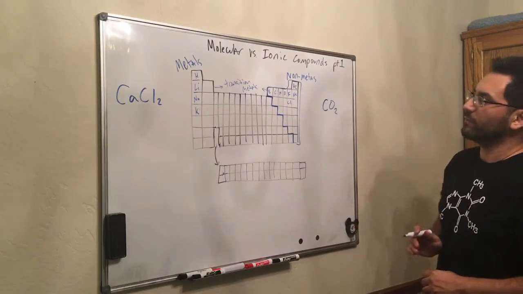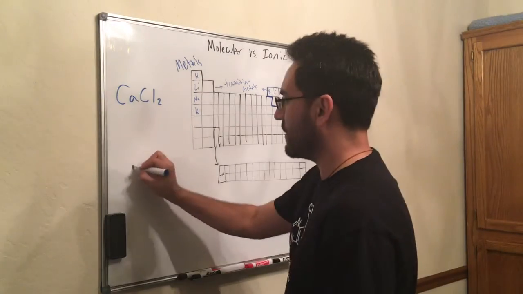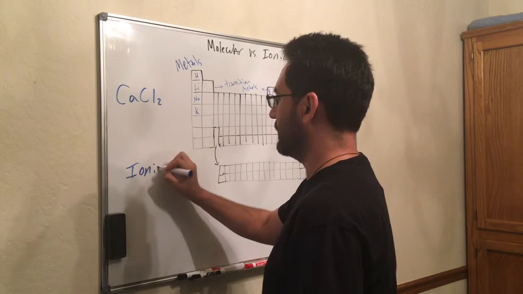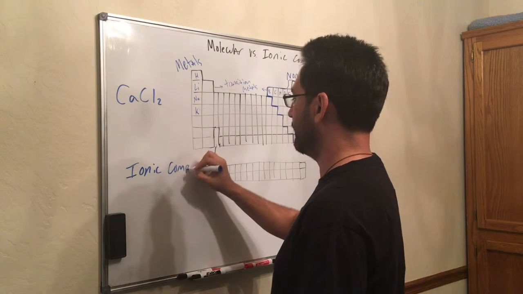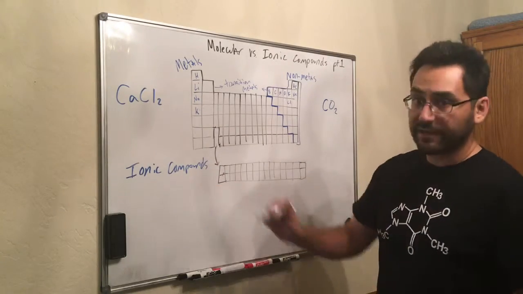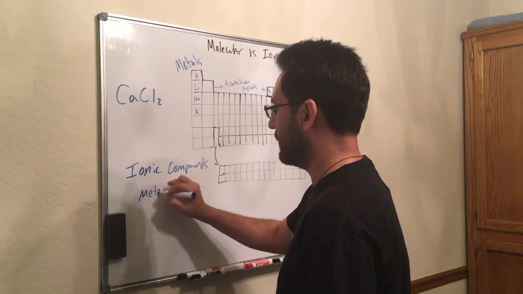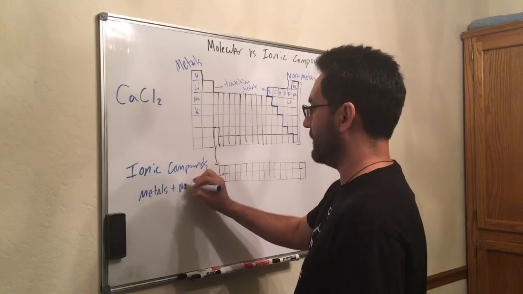And so there's a general rule for ionic compounds. Ionic compounds have metals pairing with nonmetals.